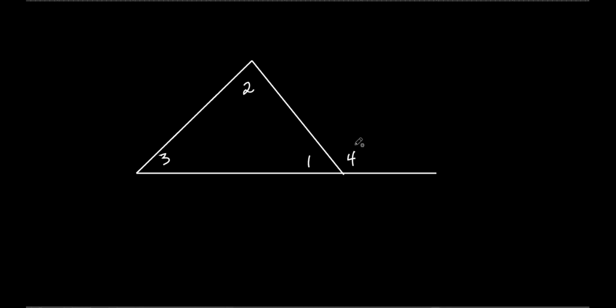So if the 4 is outside the triangle, we call this angle an exterior angle because it's outside of the triangle. So what do you think we're going to call the angles that are inside the triangle? The interior angles. But I want to look at 2 specific angles here. I want to look at angle 2 and angle 3. Now they're both interior.